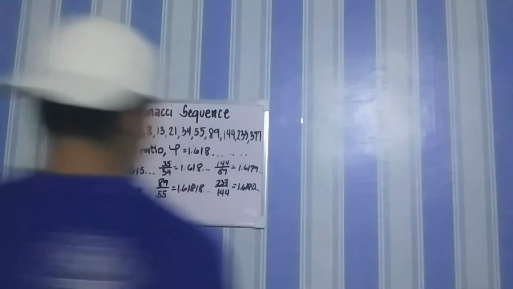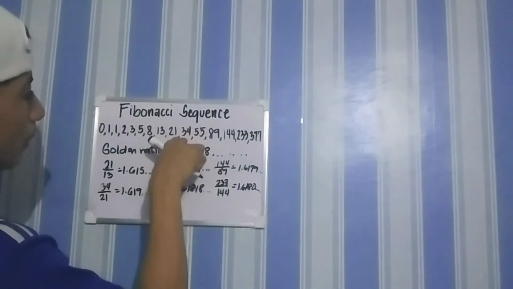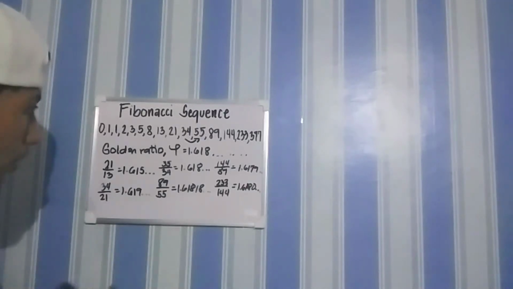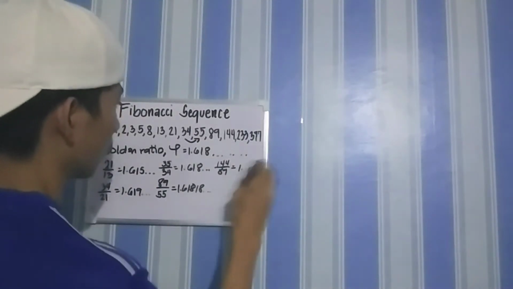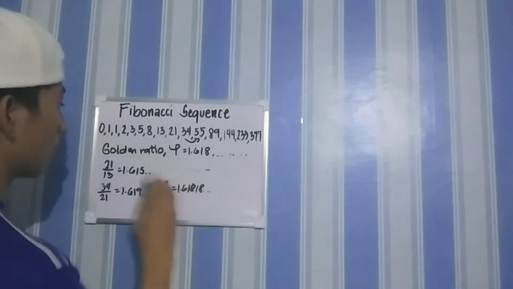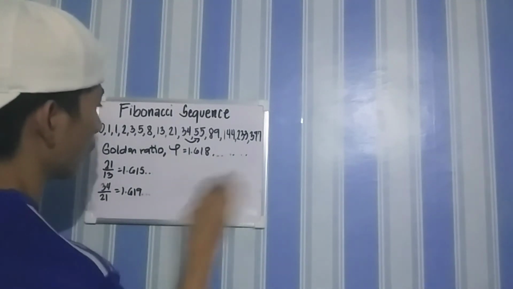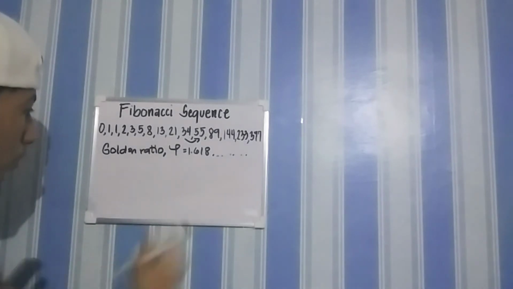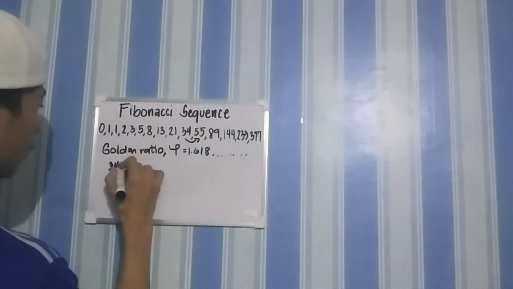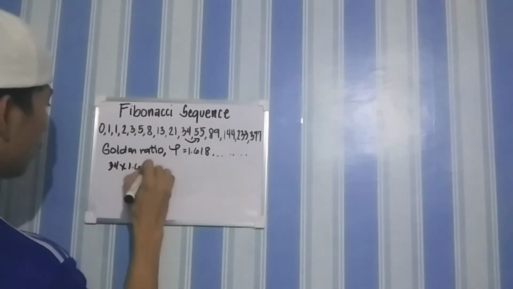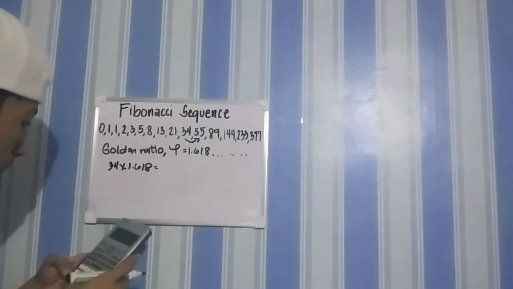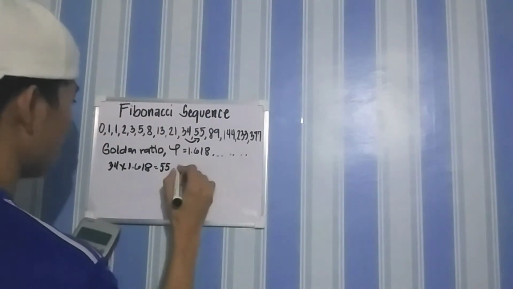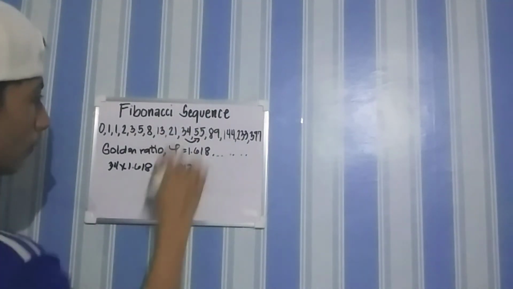So let's say, to get 55, we multiply 34 by 1.618. 34 times 1.618 is equal to 55.012. Or let's round off, 55.